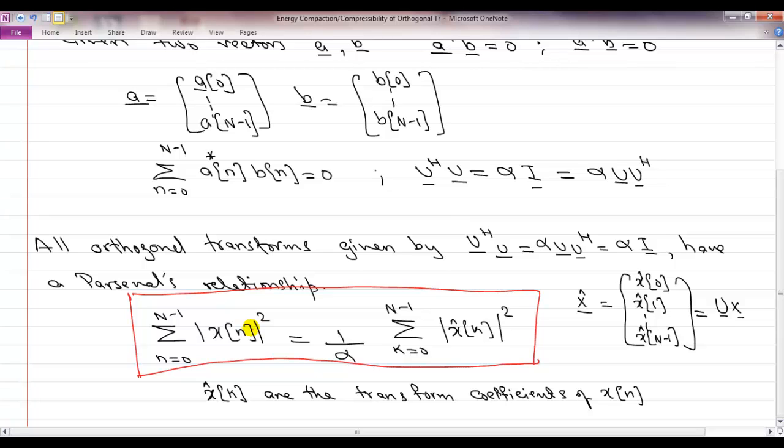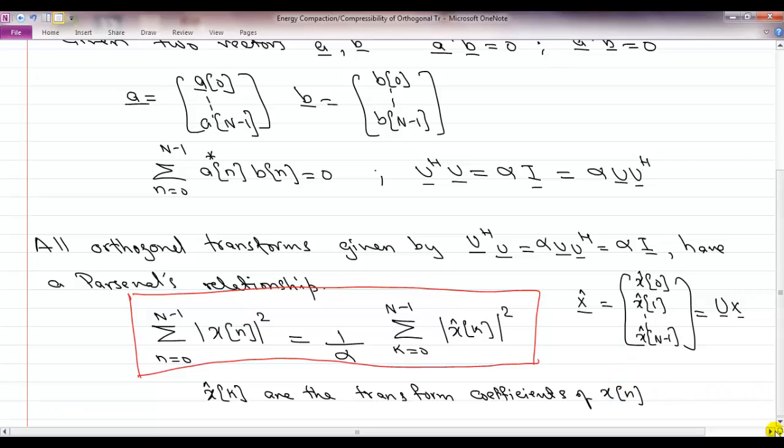For orthonormal transforms, for which alpha equals 1, this is exact equality. Energy in one domain equals energy in the other domain. So energy is effectively preserved under orthogonal transforms. You can think of Parseval's identity as talking about energy preservation.